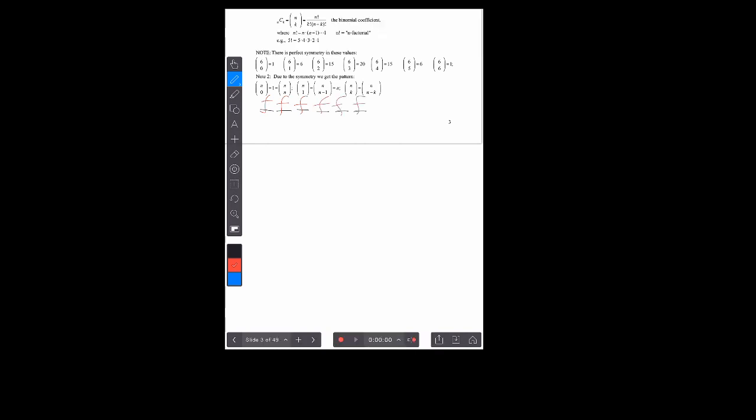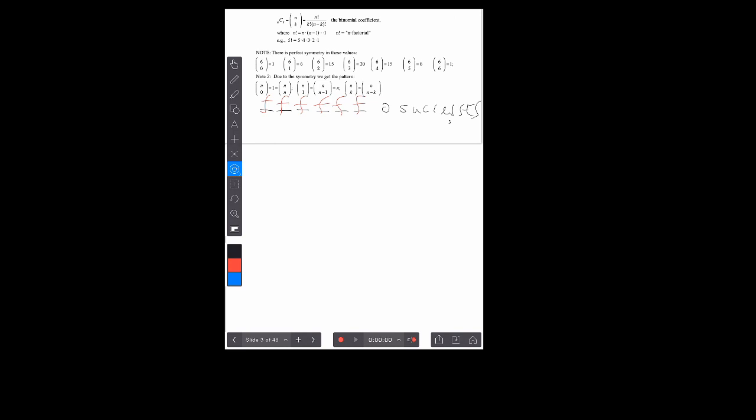Well, how many ways are there of rearranging the F's to see 0 successes? There's just one way, right? That's why any n choose 0 is always 1.